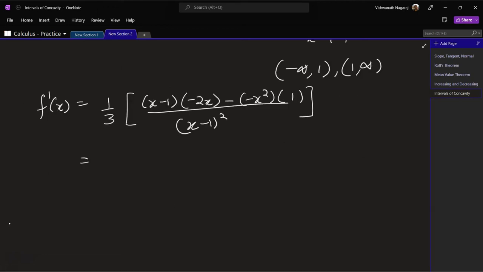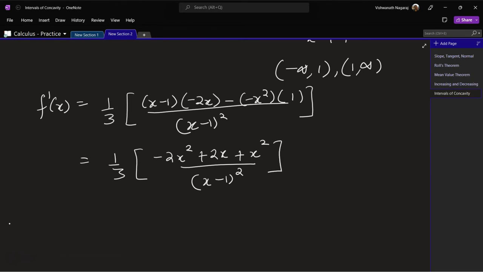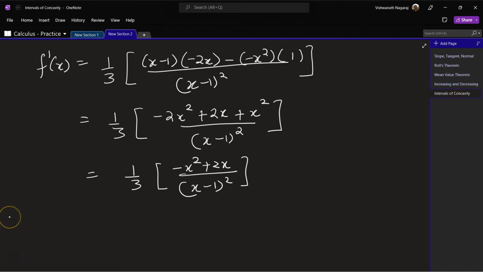Let's simplify this. 1 by 3 times minus 2x square plus 2x plus x square divided by x minus 1 square, which gives us 1 by 3 times minus x square plus 2x divided by x minus 1 square. Okay, now let's leave it at this.